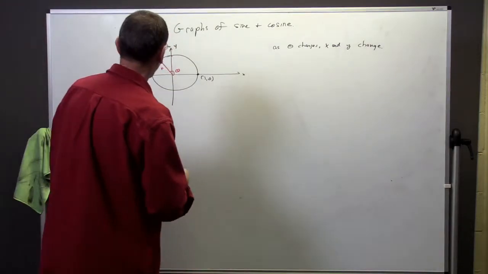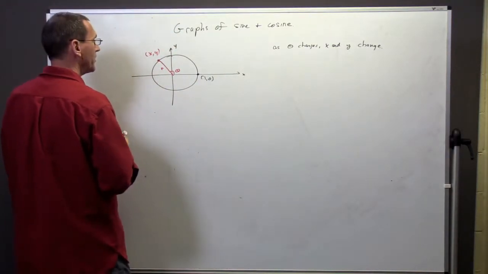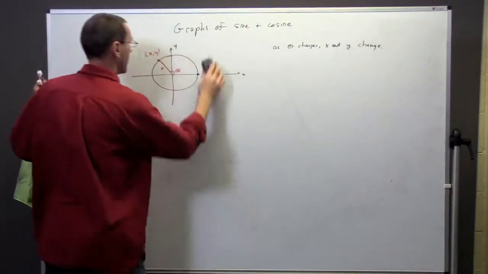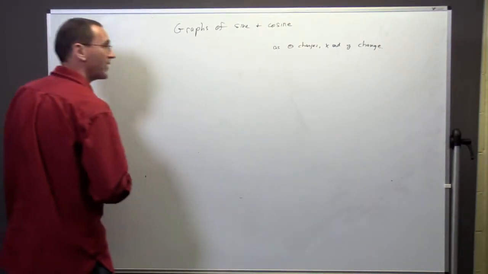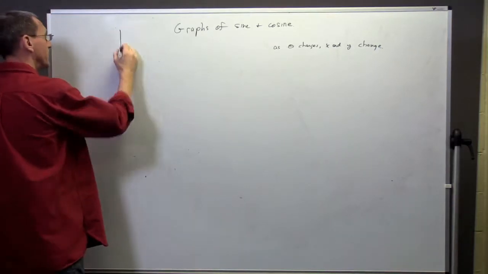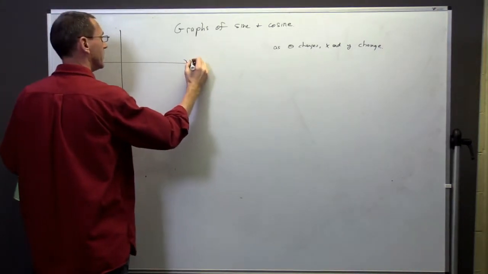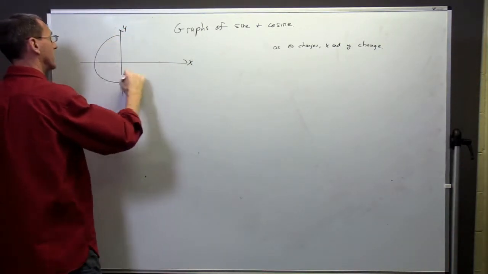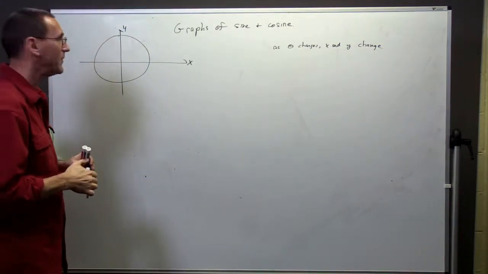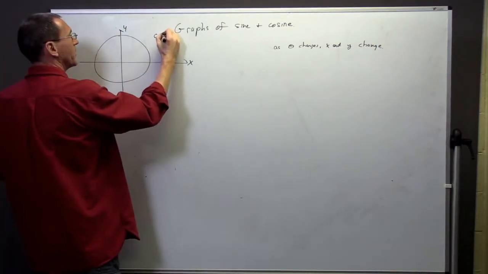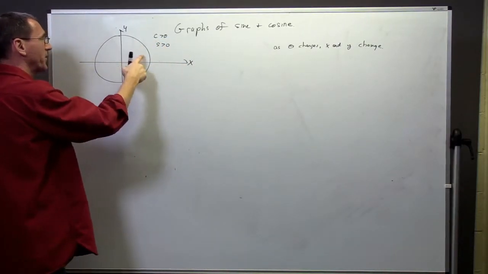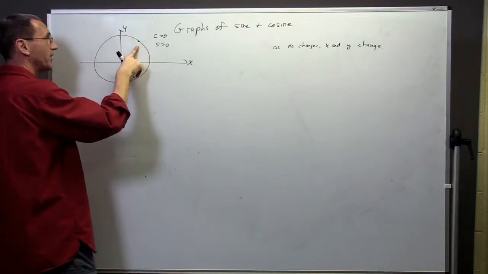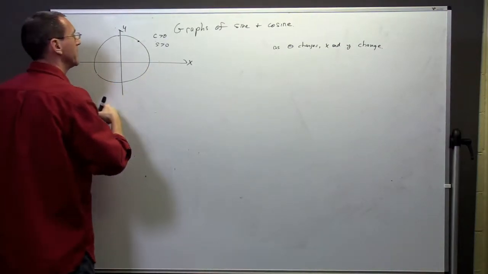Well, let's back up a second and recall. I think of this in terms of the angle. I go back to my unit circle. Here my cosine is positive, my sine is positive, so in the first quadrant, if I pick a point there, the x value is positive, the y value is positive.